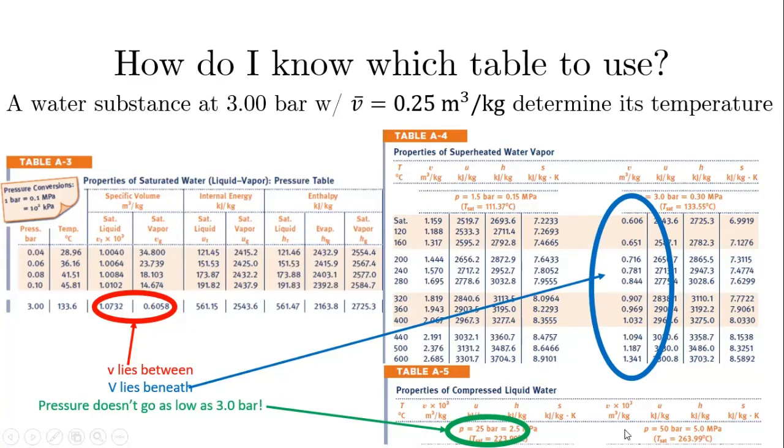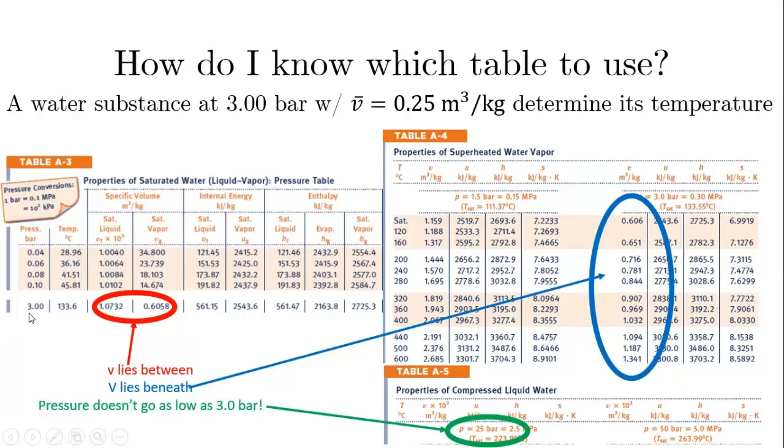So I can discount table A5 directly. So I don't need that because I'm not anywhere near 25, so I'm not going to go there. Okay, so now I have to contend with table A3 and A4. Again, the dome. Am I a dome or am I a vapor? Okay, so I know I have 3 bars. So I go to the table here, and you can see that the pressures, I cut it to get to 3.